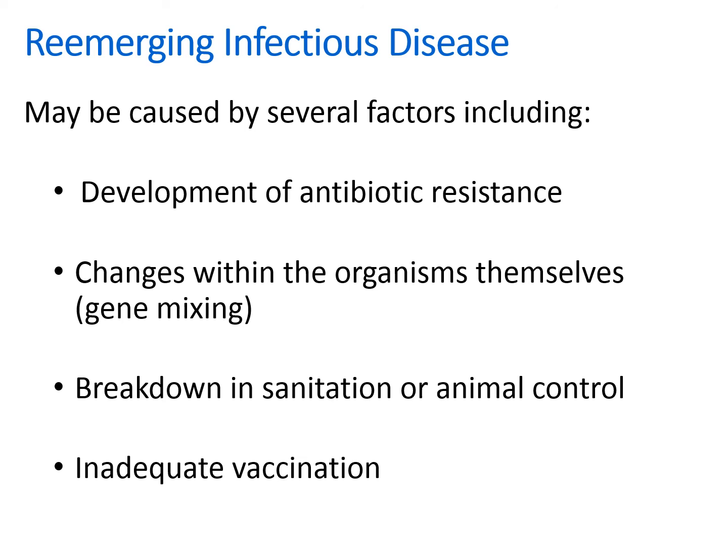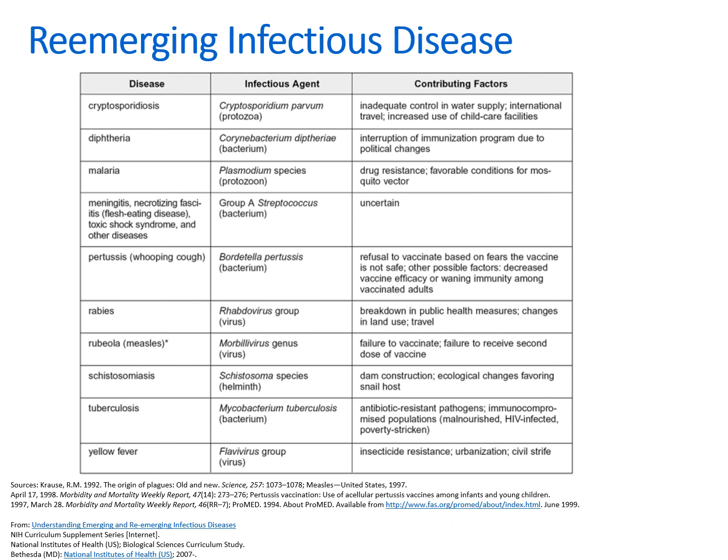Nowadays, people don't want to vaccinate their children because sometimes they're afraid of what's in the vaccine or they don't understand how vaccines work. And so we're starting to see the reemergence of childhood diseases like measles and whooping cough again. So this is a slide that shows some examples of re-emerging infectious diseases.